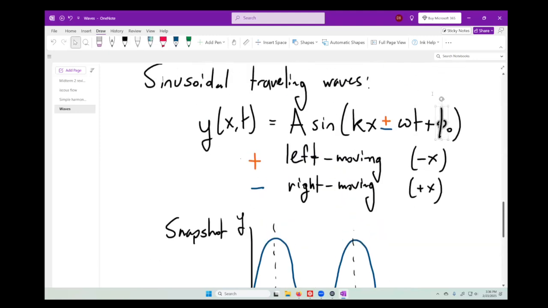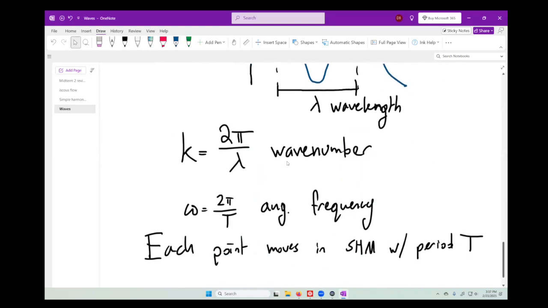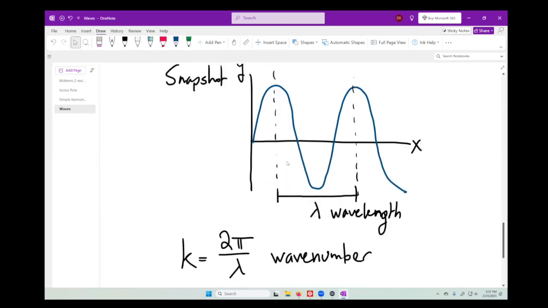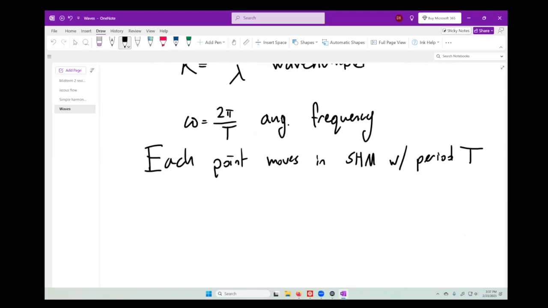All right, and then phi naught is a phase constant, just like in simple harmonic motion. This tells us the initial condition. So what is our wave doing? What's the displacement at x equals 0 and t equals 0? All right, and we have this relationship for any sinusoidal wave. So it doesn't have to be a traveling wave, it could be a standing wave as well.